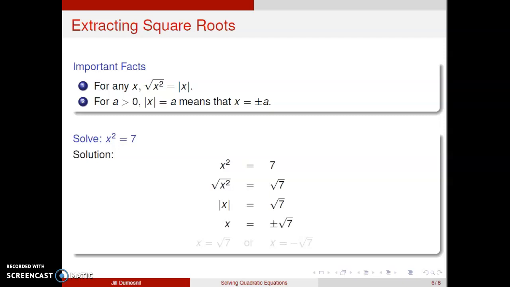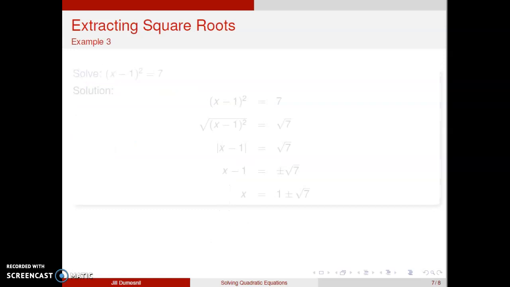So x equals plus or minus root 7. The solution is x equals root 7 or x equals negative root 7. Notice that in this example, factoring the difference of 2 squares might not have been an easy thing to do. Let's proceed with increasingly complicated examples.